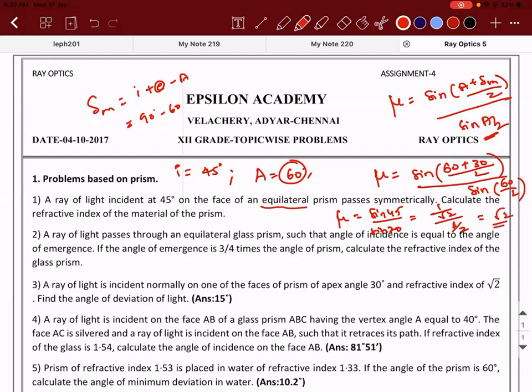The answer will come out as root 2. Okay. Next.